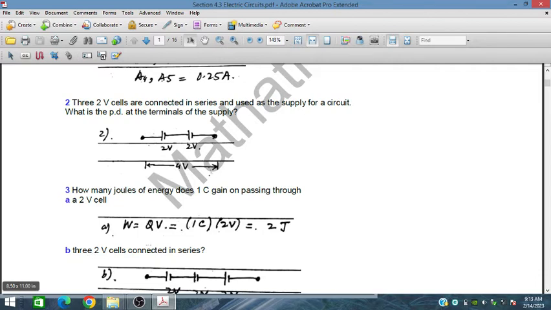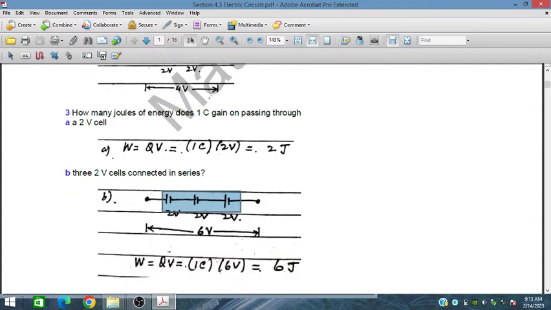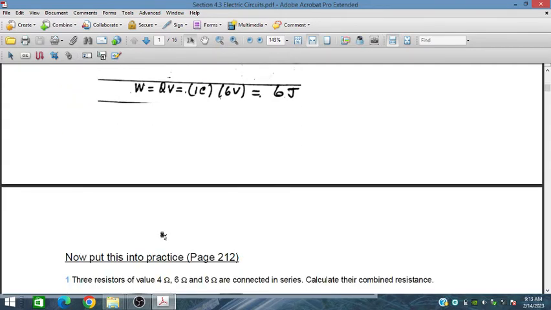Now 3 cells connected in series: instead of this 2 volt cell, we are using three 2 volt cells. So this is 2 volt, 2 volt, 2 volt, which is 6 volt. So 1 coulomb and 6 volt is equal to 6 joules. So this is part 2.